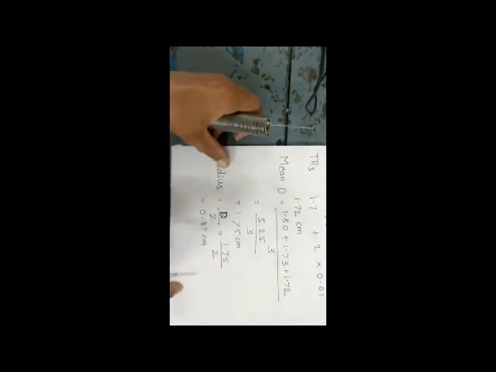Then we find the radius of the spring using diameter upon 2, and the radius of the spring is 0.87 centimeter.